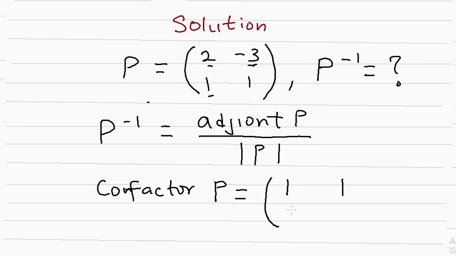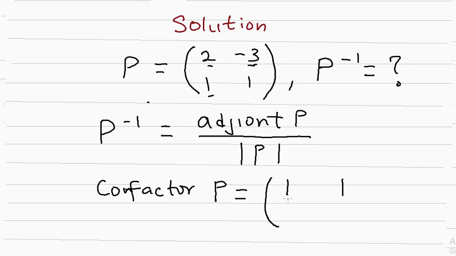There's one thing you should know. I'm not just going to write the minor, I also write the place value. If the element is at an even position, I give it a positive value. If it is at an odd position, I give it a negative value.